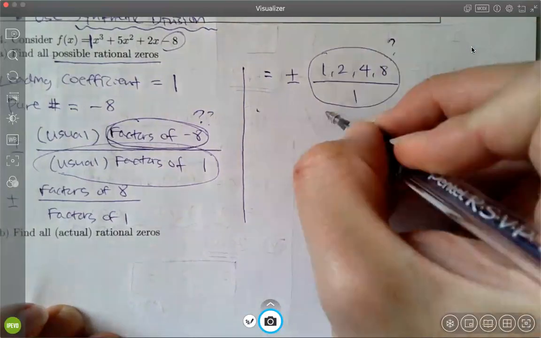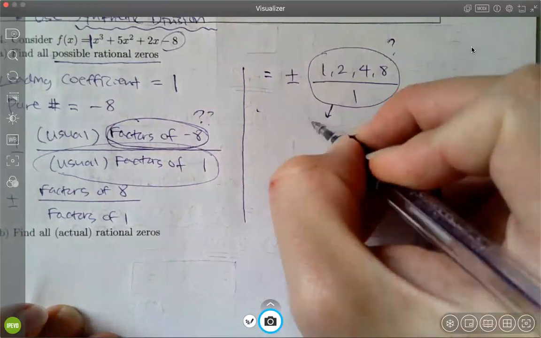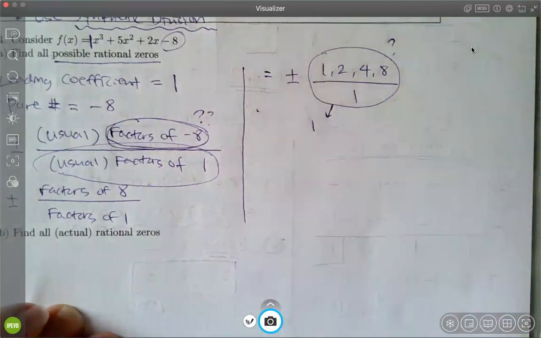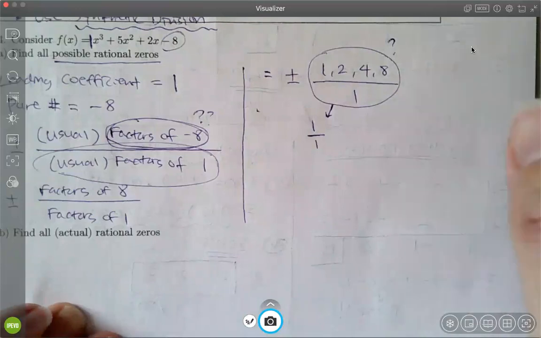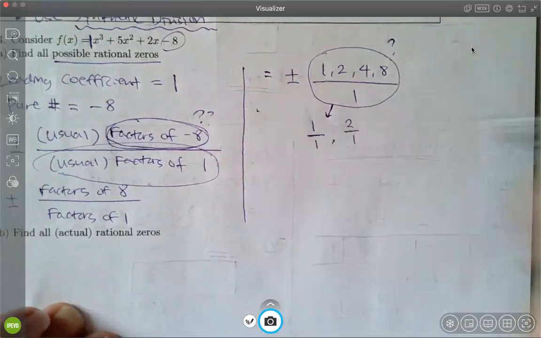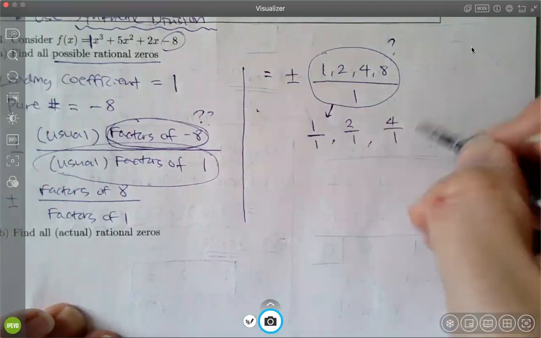This means the top can be 1, but the bottom has to be 1, okay, because it's the only denominator, right? And now, can the top be equal to 2? Oh, yeah. So we have 2 over 1. Okay, now, can the top be equal to 4? Yes. So it's 4 over 1. Can the top be equal to 8? Yes.